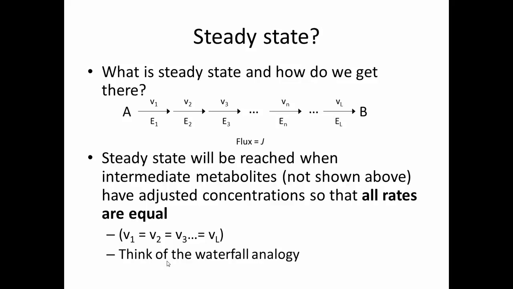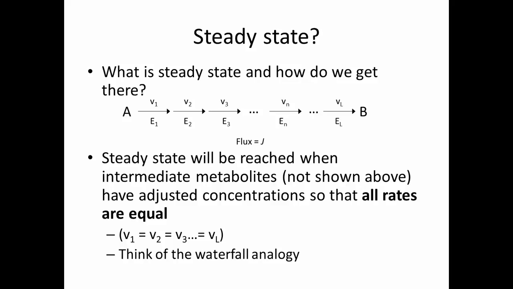And again, we can think of that waterfall analogy that I showed you earlier, where we have all our pools that are going to be the size that they're going to be, which means that you've got carbon coming in and carbon going out at the same rate. So the pool's not getting any bigger and it's not getting any smaller.